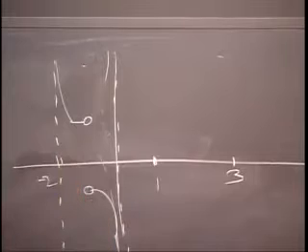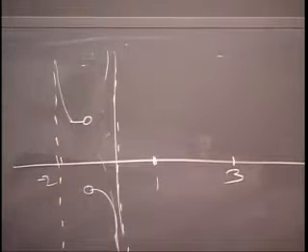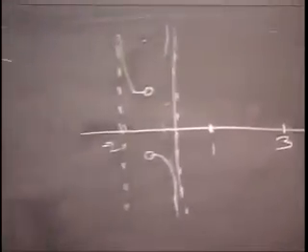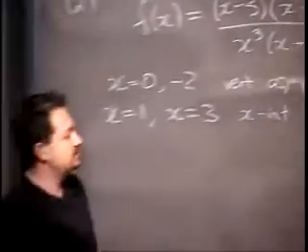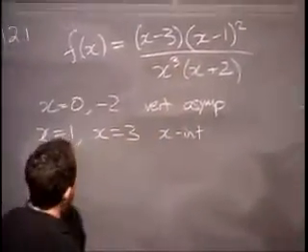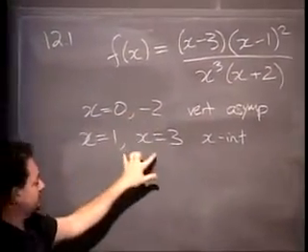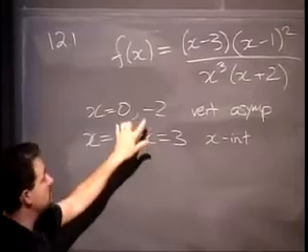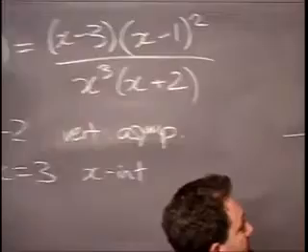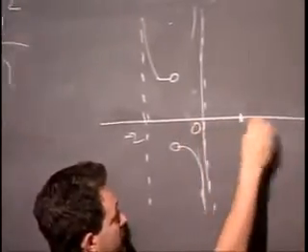Really, what I want to do is make a list of all the places where the function is either 0 or blows up or perhaps has a discontinuity. And in this case, it only equals 0 or is not continuous at these 4 points: minus 2, 0, 1, and 3.